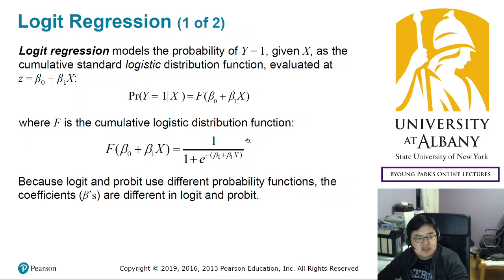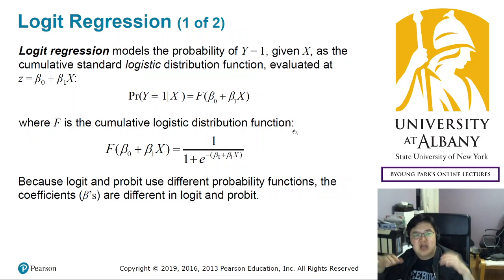But as you can see, it's much easier to calculate. The standard normal distribution function is very complicated. The slide does not have the functional form, but it has a much simpler functional form. So it's more efficient in computation.